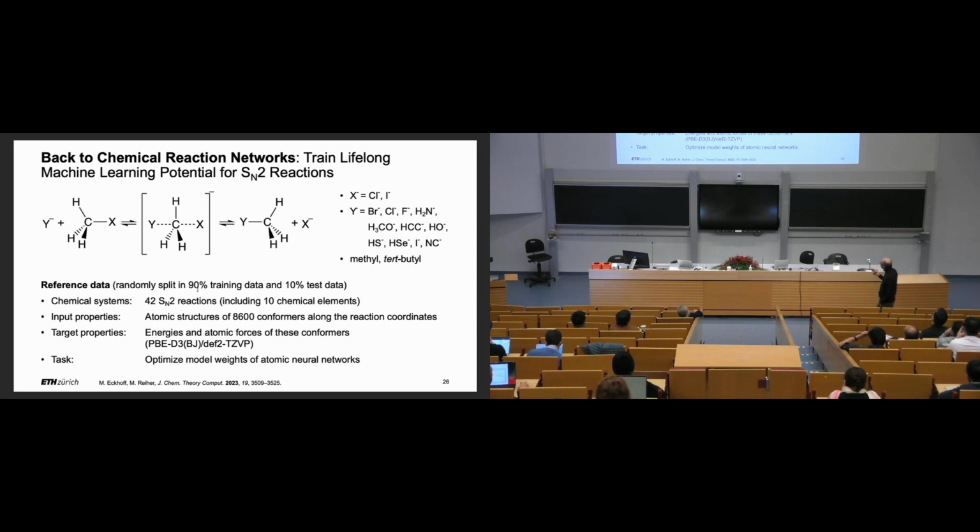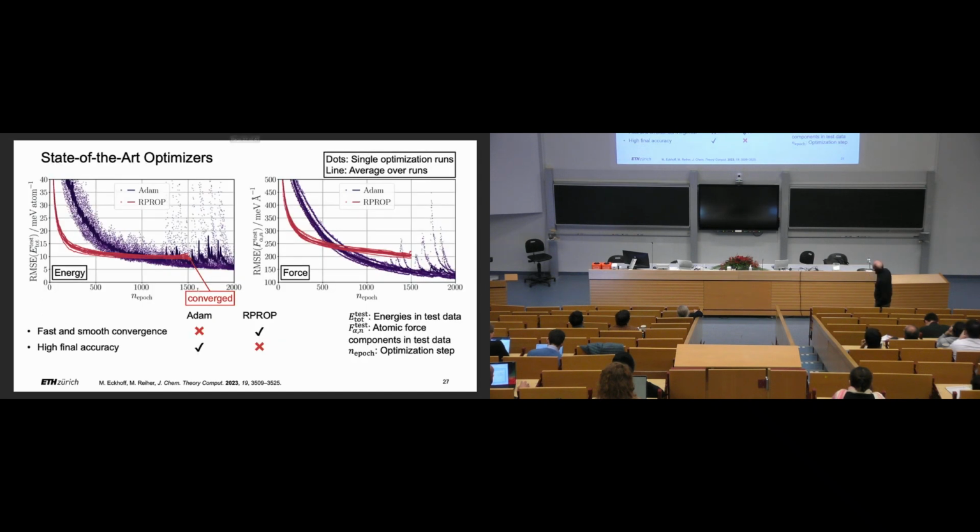The chemical system eventually comprised 42 SN2 reactions with 10 different chemical elements, and we looked at 8,600 conformers, configurations along the reaction coordinates. The reference data we could generate with DFT, but we could use any other electronic structure method, of course. And now we need to optimize the machine learning potential.